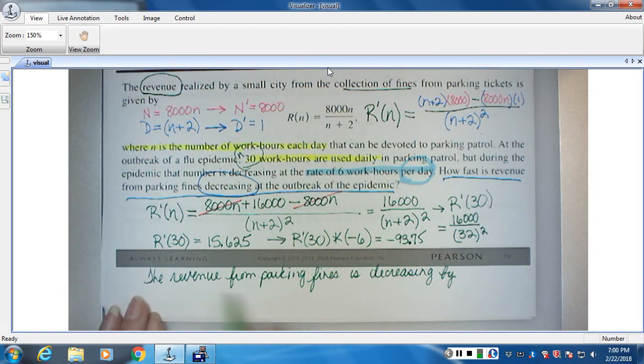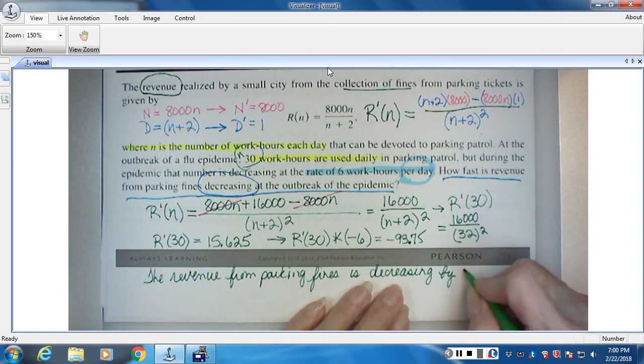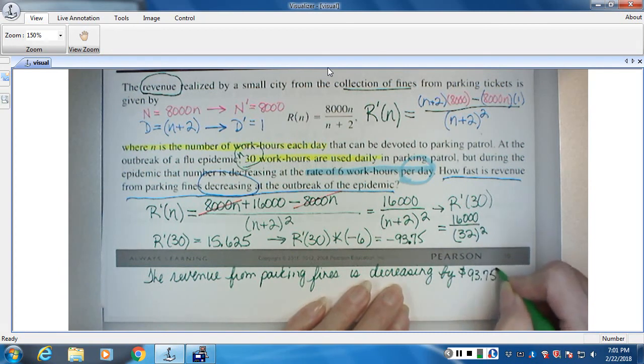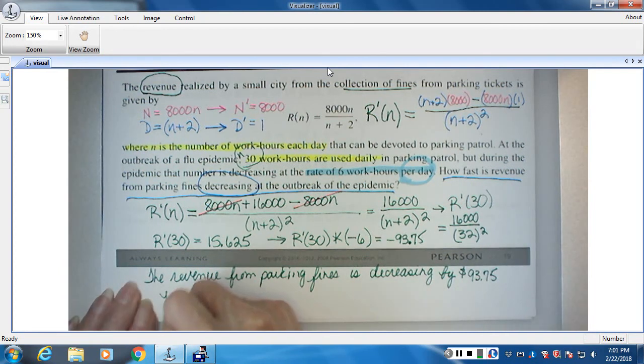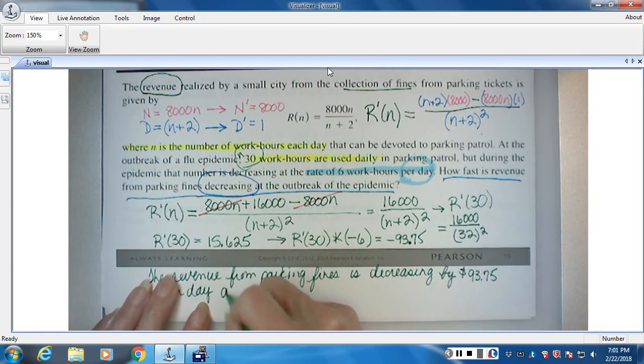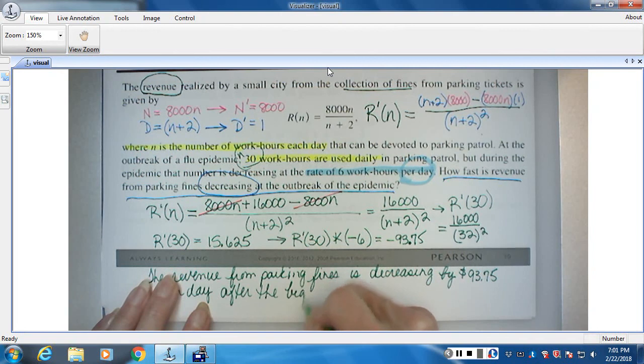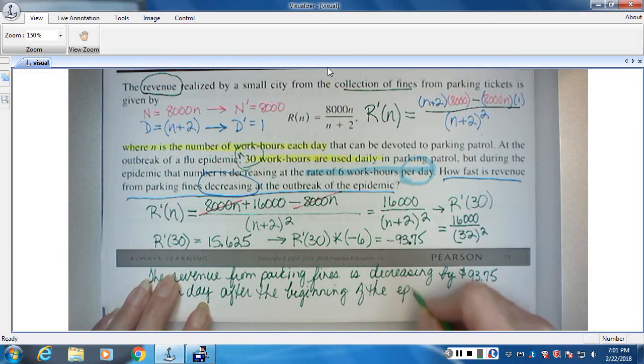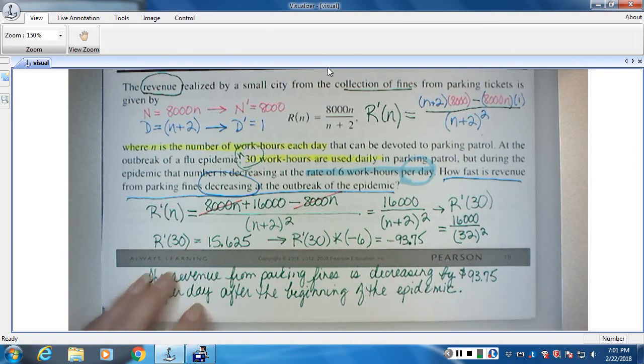So the revenue from parking fines is decreasing by $93.75 per day after the beginning of the epidemic. That's the answer to the question.